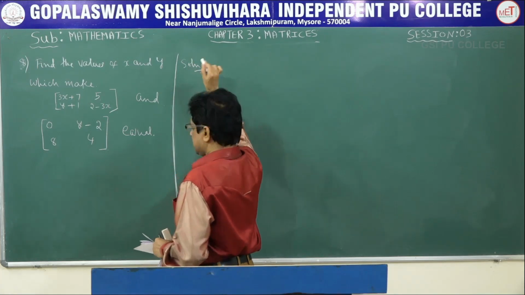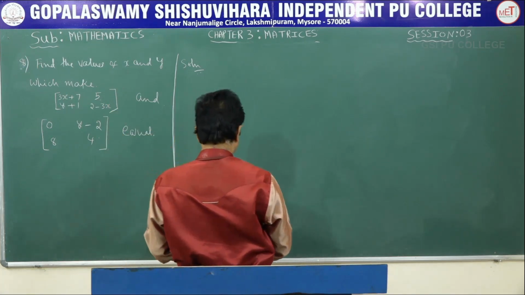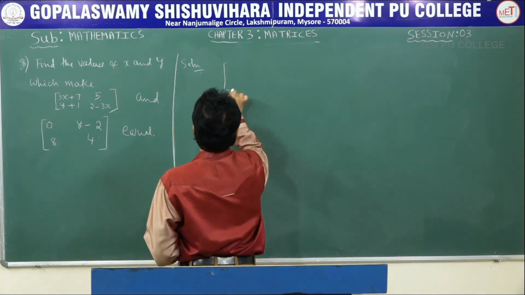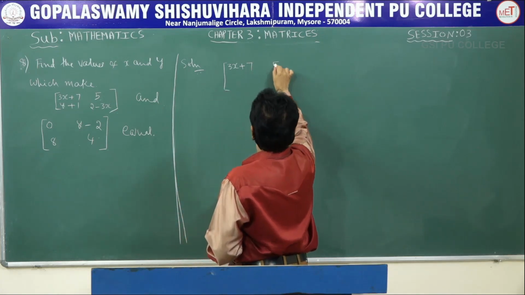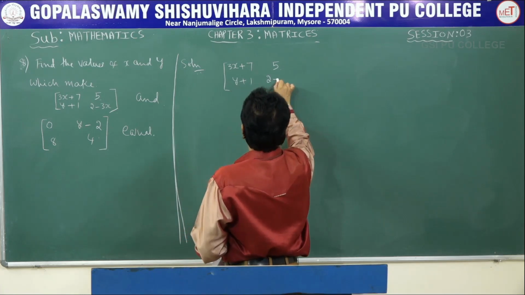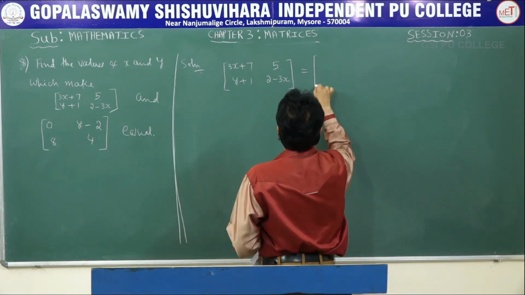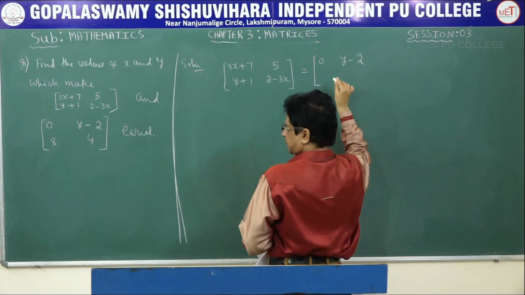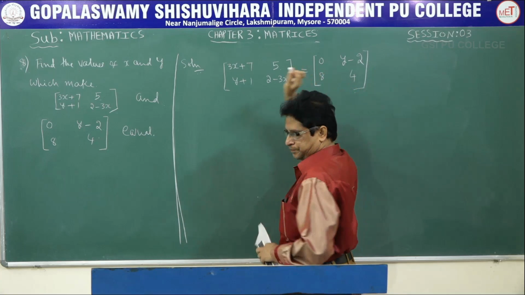So from data it is given that these two matrices are equal. So that means [3x plus 7, 5; y plus 1, 2 minus 3x] will be equal to [0, y minus 2; 8, 4].